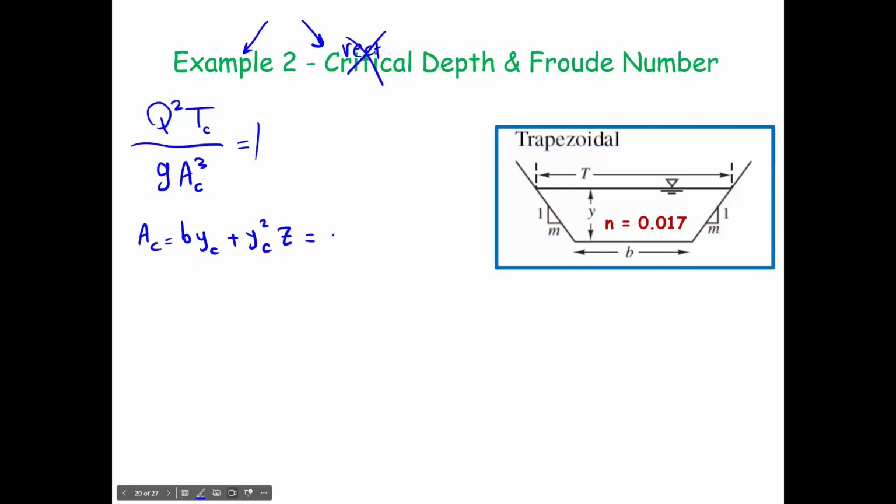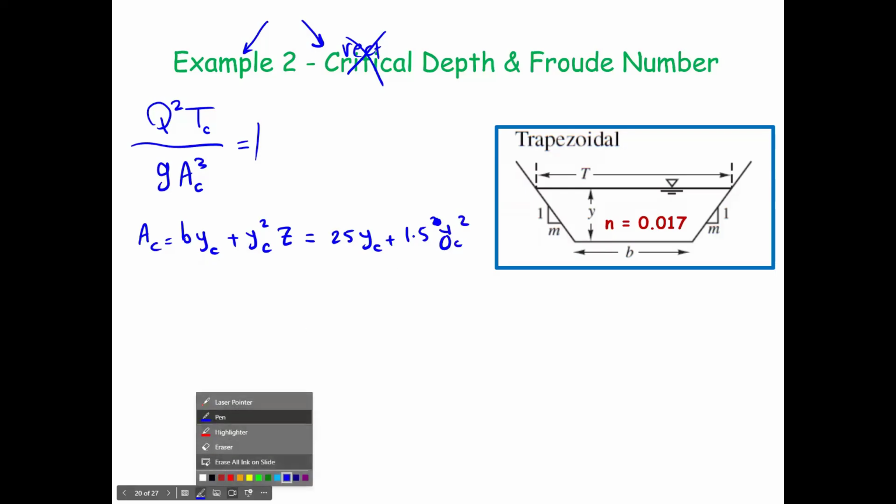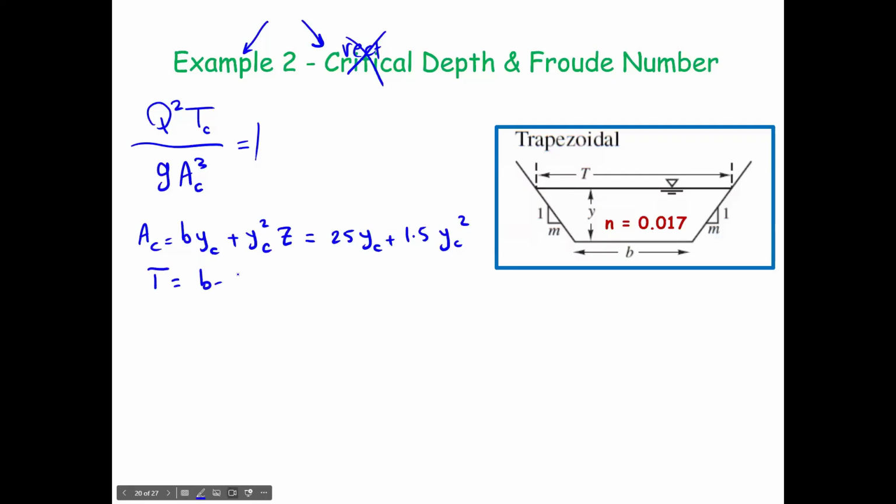So B was 25, right? 25 yc plus 1.5 yc squared. T is B plus 2 y Z. That's the equation for T for trapezoidal. 25 plus 2 yc, multiplied by 1.5, which is 25 plus 3 yc.